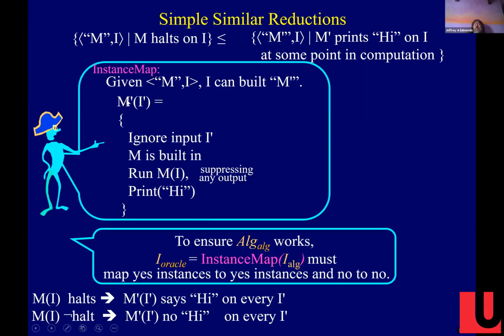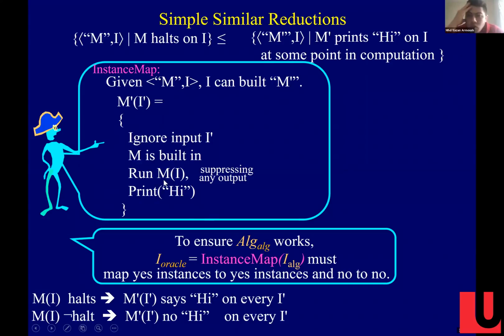So I want to know what M prime does on its input I prime. What it's going to do is completely ignore its own input, right? It's given some input, but we ignore it. And then what we have built into M prime has memorized M and has memorized I. So what M prime does is it runs M on I.